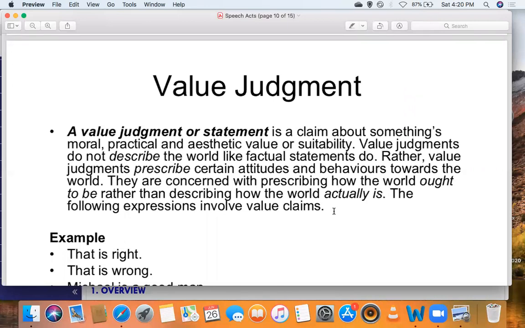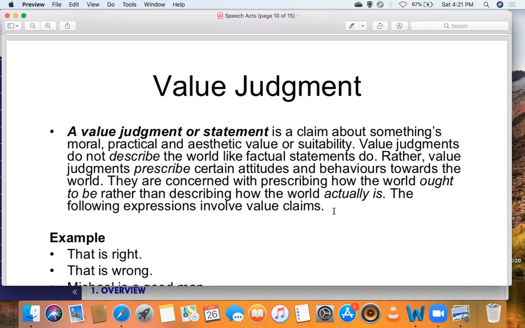Then we go to value judgment. A value judgment or statement is a claim about something's moral, practical, or aesthetic value or suitability. Now, value judgments are not factual statements. They are statements about people's values.